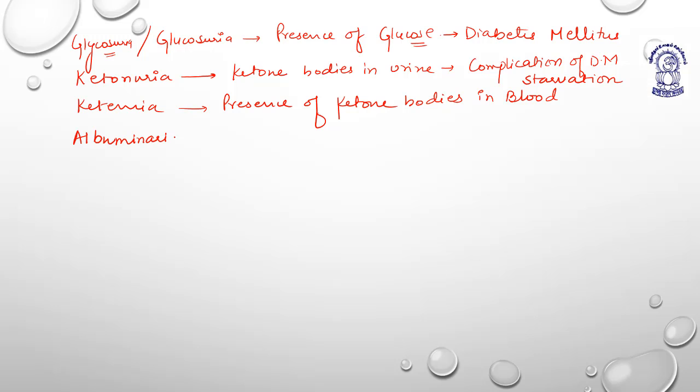Then albuminuria. The general term is proteinuria, if significant albumin is present in urine due to, very important, glomerulonephritis, in which the inflammation is present in glomerulus and nephron.